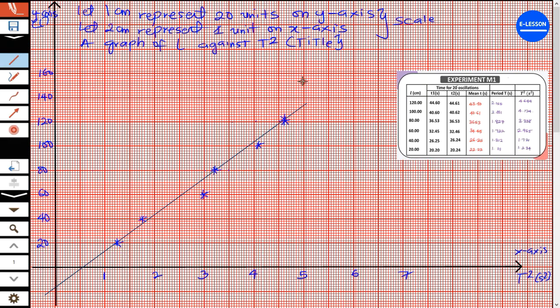So let me continue my ruling again. This is not supposed to be so. Let me see if I can go back. So I took it from this point, right? Let me try and rule it to the end.